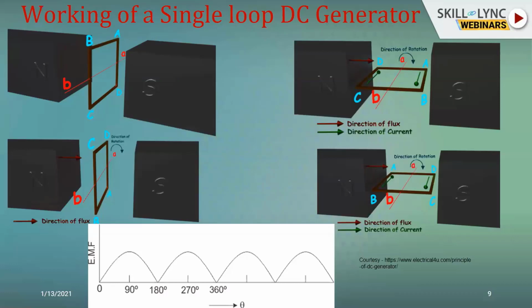As the theta increases, here when it comes to theta, you need to understand that there are two terms that govern the theta. One is known as the electrical angle, and the second one is known as the mechanical angle. For a two-pole machine, it is very easy to understand. Our electrical and mechanical angles will be the same. But for higher poles, that is for a four-pole machine, etc., the relation between the electrical and mechanical angles is dictated by the formula P by 2.